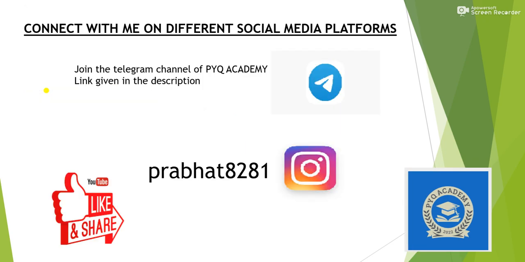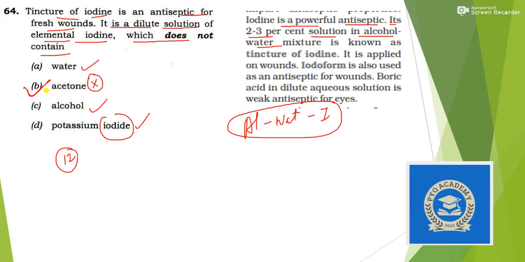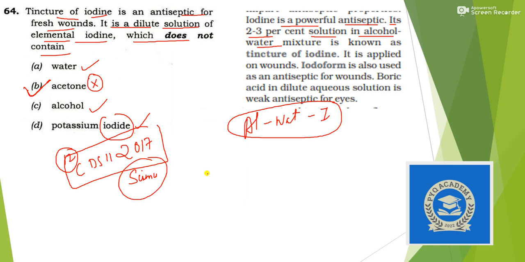So today we are done with the CDS 2 2017 science portion. In this paper you must have seen that most of the questions do not have any direct reference from the NCERT of class 9 and 10, but I can see that not all of them are tough.